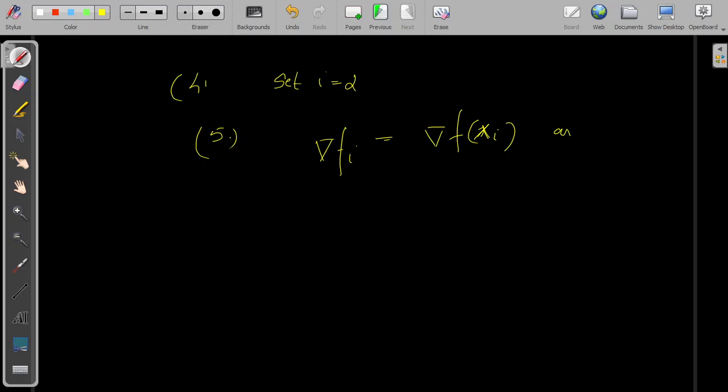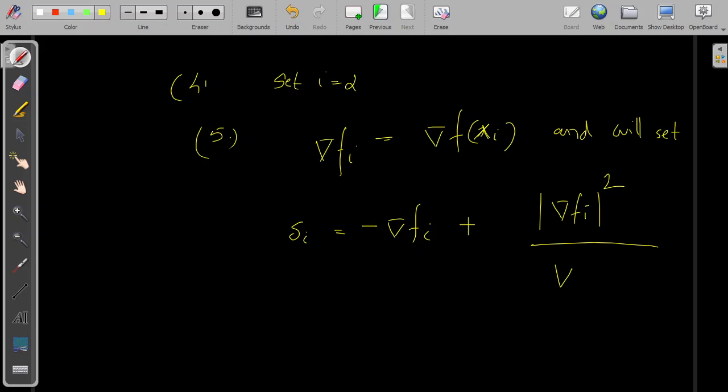And we will set the direction Si, that is S2, equal to minus del Fi plus the modulus square of del Fi divided by the modulus square of del Fi minus 1, times the previous direction.